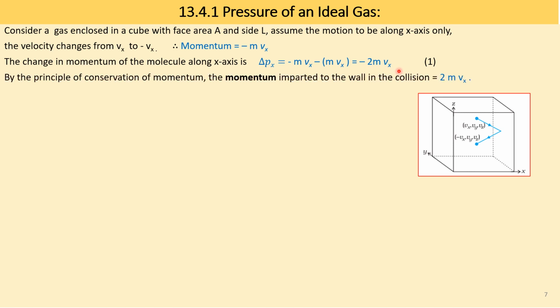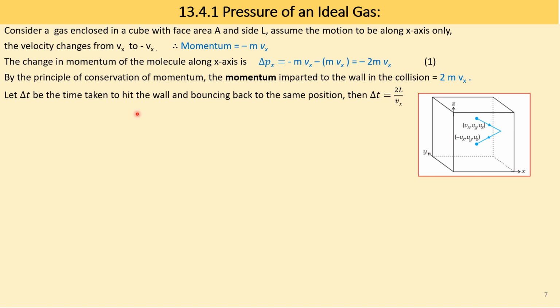Let it be equation 1. By the principle of conservation of momentum, the momentum imparted to the wall in collision is 2m into vx, where vx is the velocity in x direction and m is the mass.